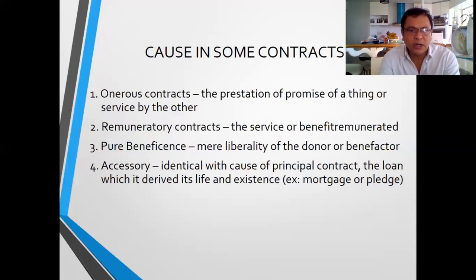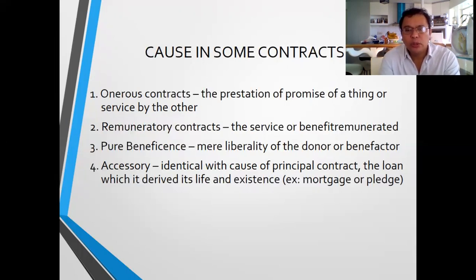In accessory contracts, the cause is identical with the cause of the principal contract. Let's say you are going to apply for a loan and you need the money. The bank would say, I don't know you, you have no credit record. So we require that you give us a security, like a property.